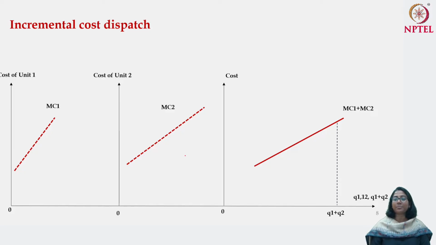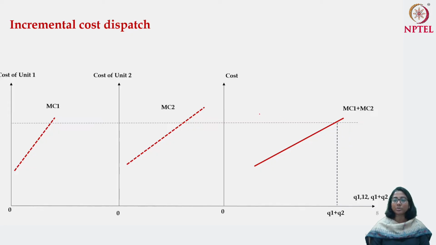Now suppose the power plant has to supply this much, Q1 plus Q2. This is the total output or electricity the plant has to supply in order to meet the demand. If that is the case, then the marginal cost that the plant is going to incur is captured by this horizontal line. By the profit maximizing or optimization condition that we have looked at, we have seen that at the point of supply, MC1 has to be equal to MC2.